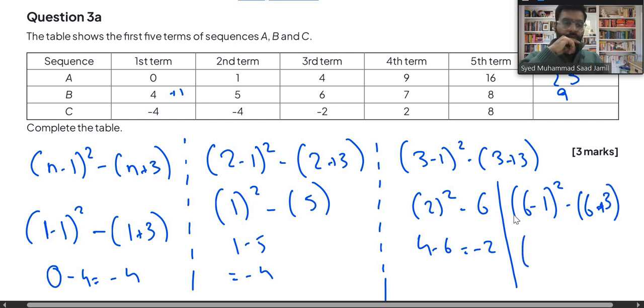So this becomes 5 squared minus 9. So it's actually 25 minus 9. 25 minus 9 is 16. So this term is going to be 16.